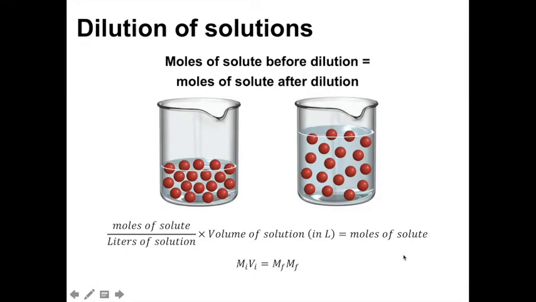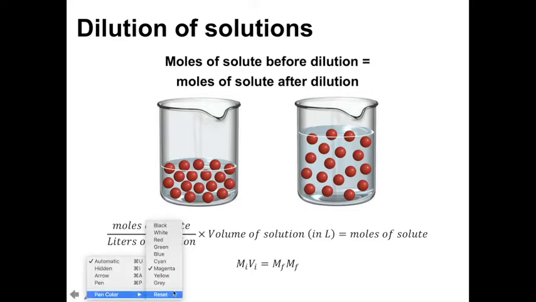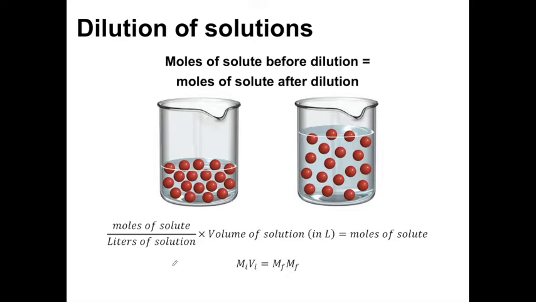So there is actually a formula that you can use when you want to solve dilution problems. So recall in our previous scenario, I got 400 ml from the original solution and placed it into another beaker.